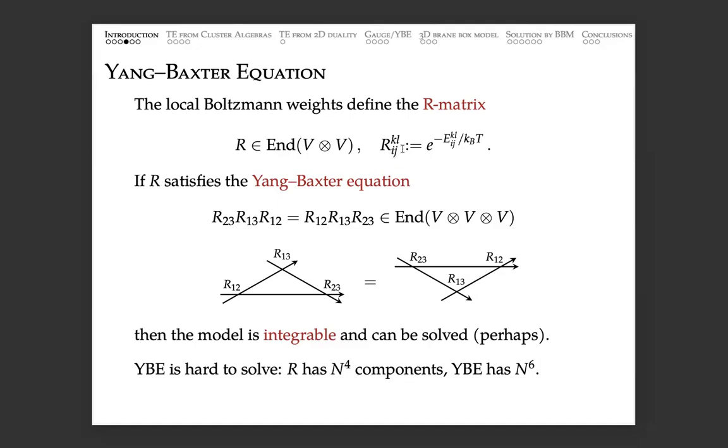We think of this R_ijkl as the ij, kl element of some matrix, or operator, acting on the tensor product of V and V. I hope this is clear. So I have just defined this operator R using the local Boltzmann weights. Now, suppose that this operator R satisfies the famous Yang-Baxter equation, which is written just here.